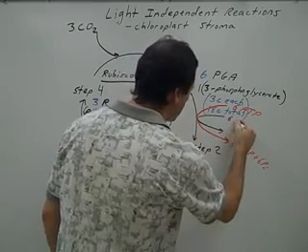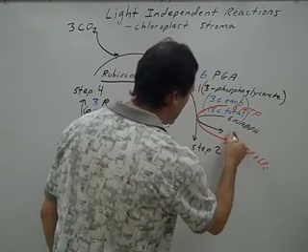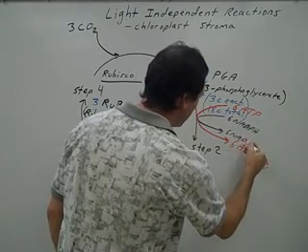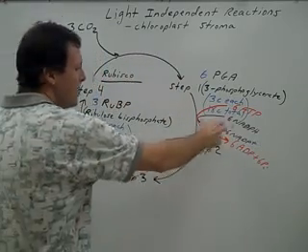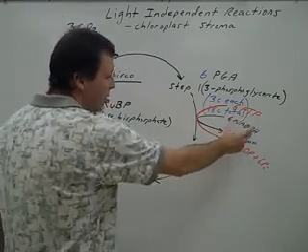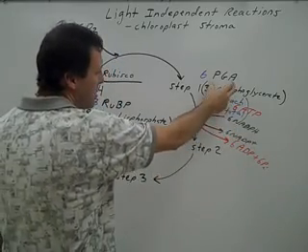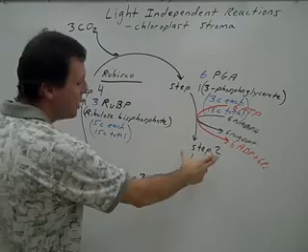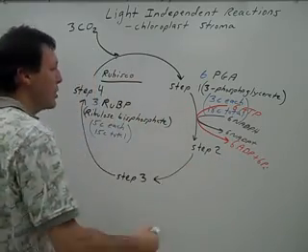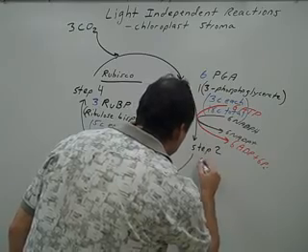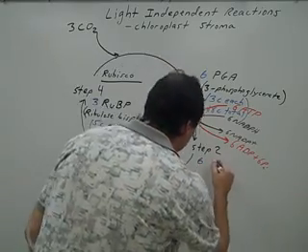So we're going to have 6 NADPH go to 6 NADP+. The energy of ATP and the high energy cargo of NADPH is going to get put onto these PGA molecules, and we're going to rearrange the atoms, and ultimately we're going to end up with 6 molecules of G3P.